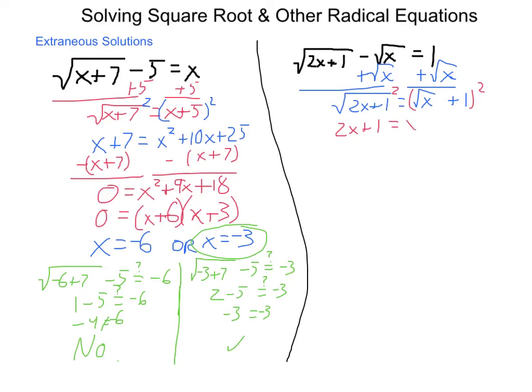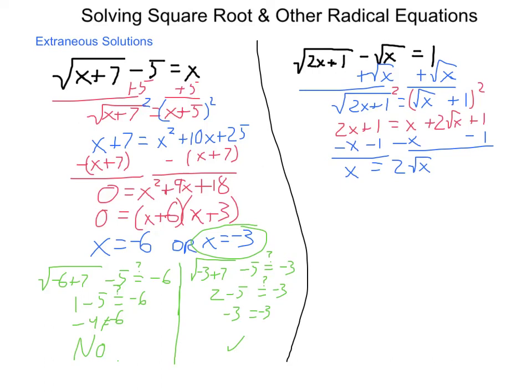I will get x plus 2 root x plus 1. Now going through and solving this, I'm going to subtract x and subtract 1. 2x minus x is just x. 1 minus 1 is 0, equals 2 square root of x.